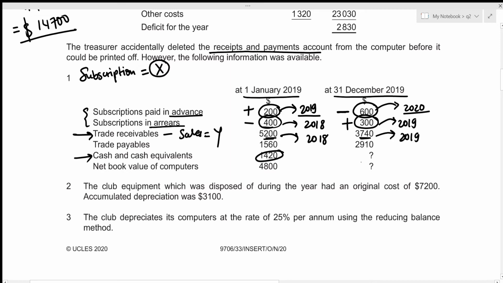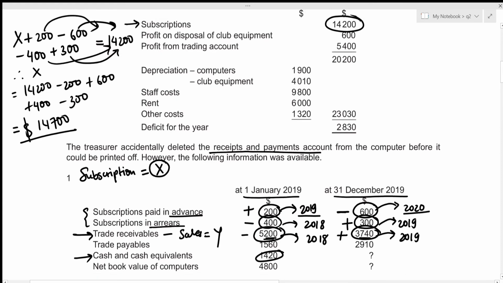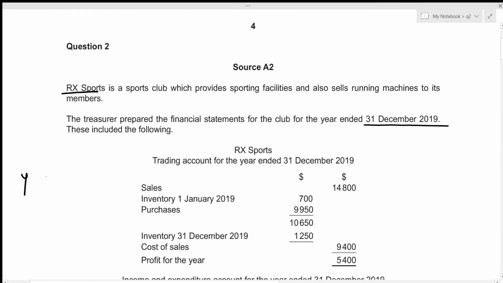And since we're talking about trading account, we only include the sales made for this particular year, meaning that this trade receivables of last year should be deducted, and this trade receivables of current year should be included. So let's subtract 5,200 and add 3,740. So that's minus 5,200 plus 3,740. And this actually results in the sales value to be included in trading account, which we already have as 14,800.